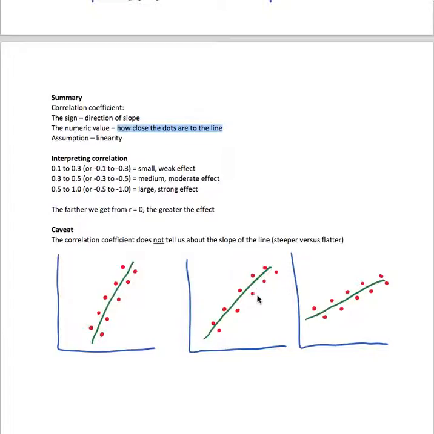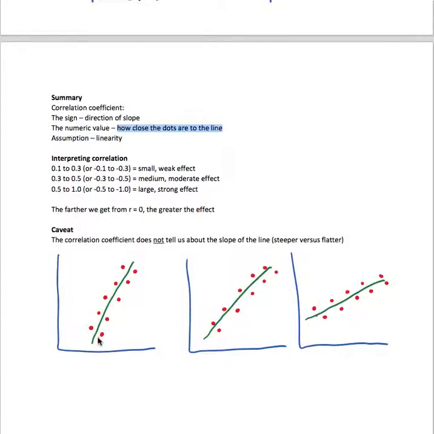I tried to draw all three of these similarly. All three would have the same correlation coefficient because the dots have a similar distance from the regression line, the line of best fit.